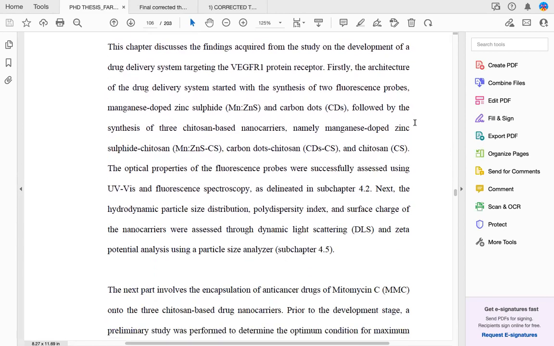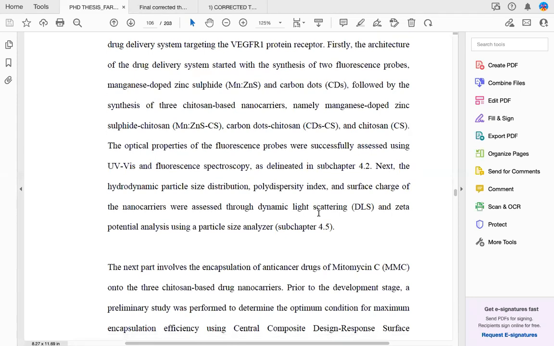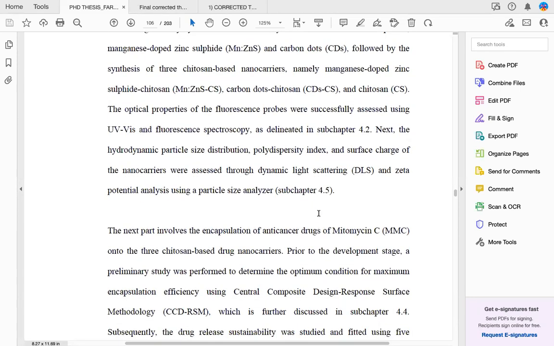The characterization of the material involves UV, fluorescence, and then she didn't mention HRTEM and FESEM, but it should be here.